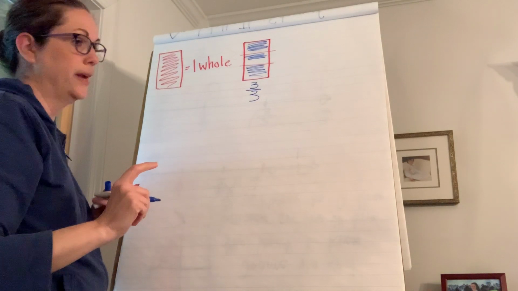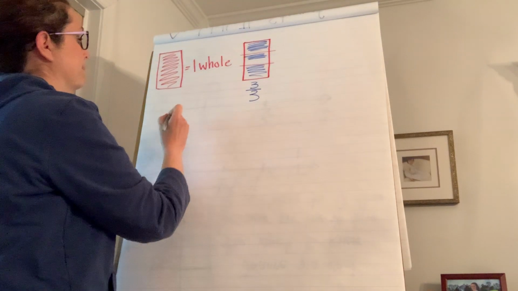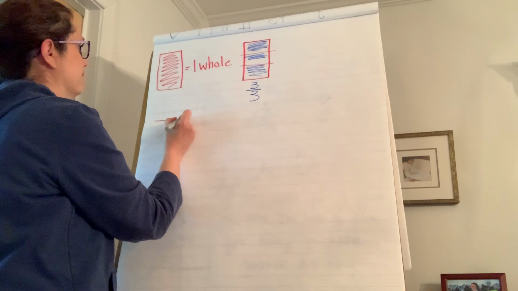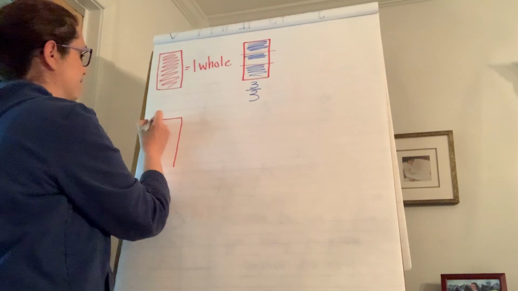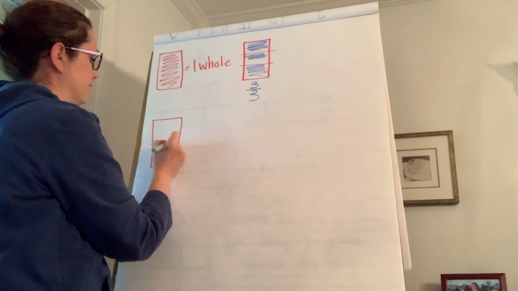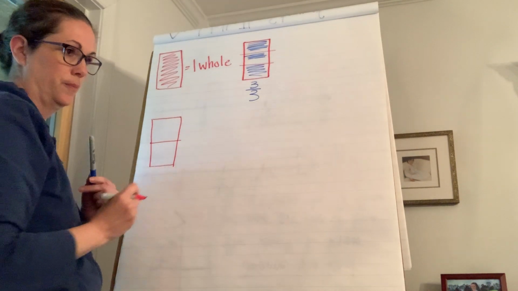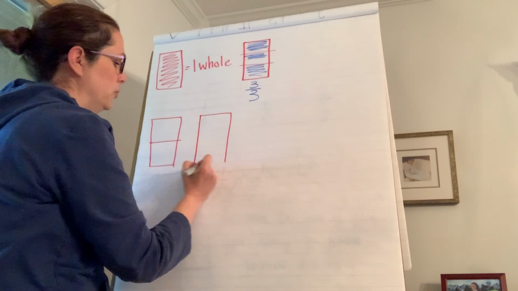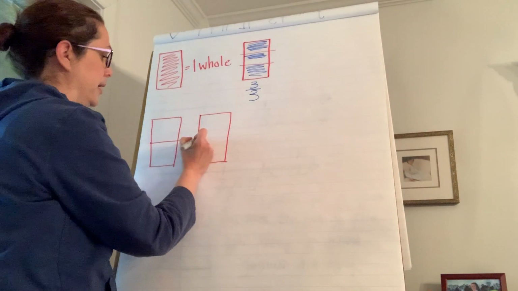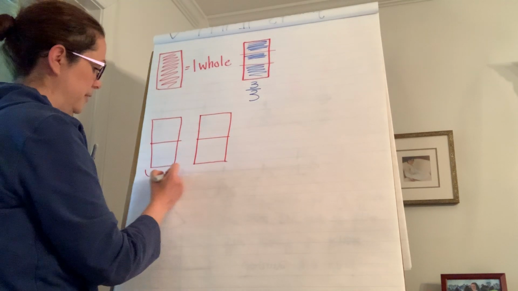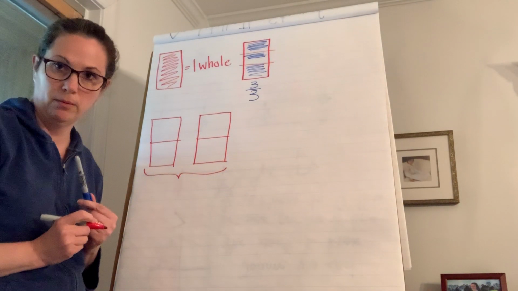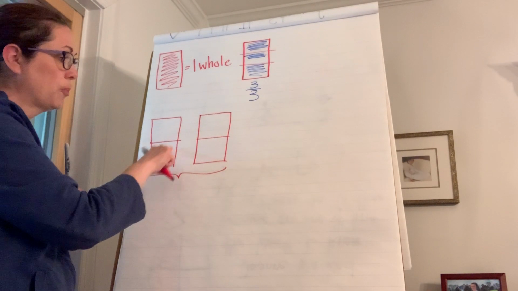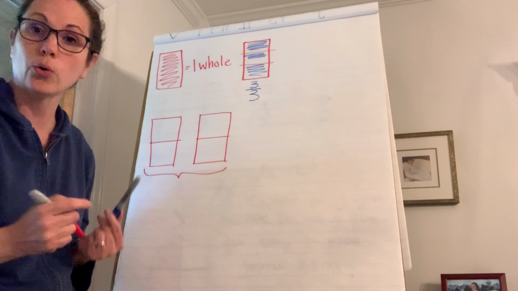The next one, they show you like this. Two equal parts. But wait, there's more. And they're telling you that this is like a set. They want you to think of this as one model. But how many wholes do we have? We have 2 wholes, right? Both are partitioned into 2 equal parts or halves.